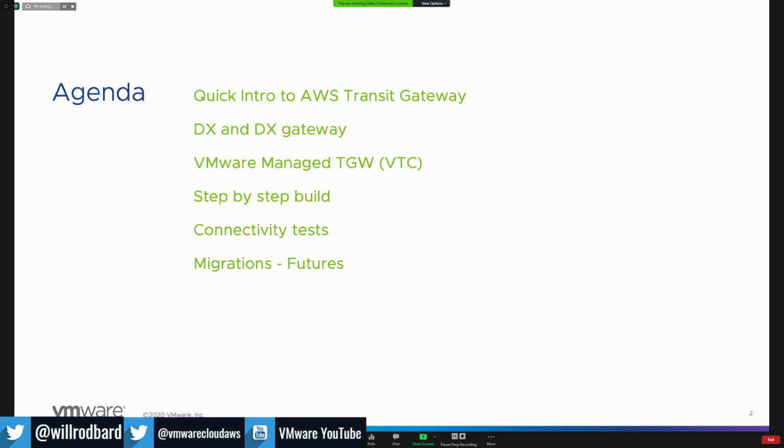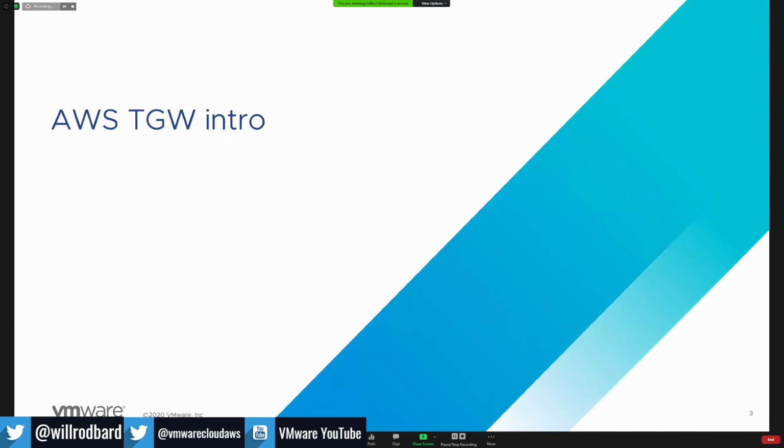And then a few slides at the end about migrations. How do we migrate from an existing environment to this new architecture? And a couple of slides on future, what we are working on. It's a pretty packed agenda, so let's go for it.